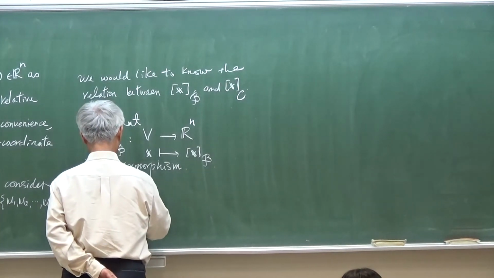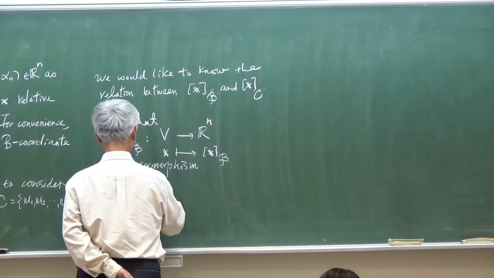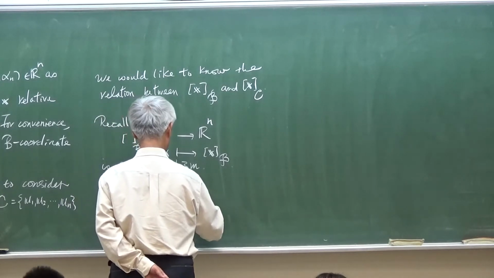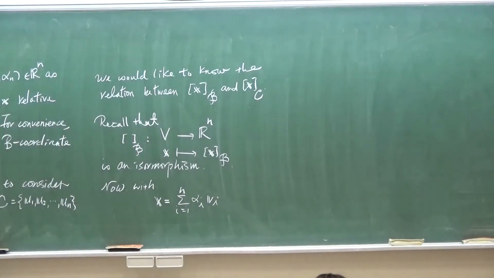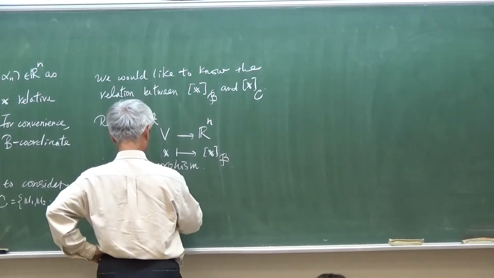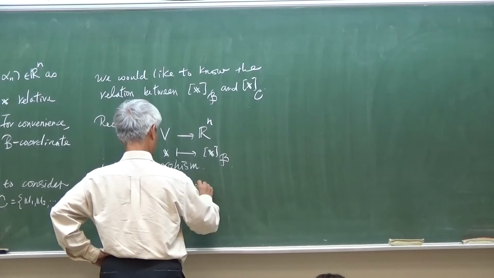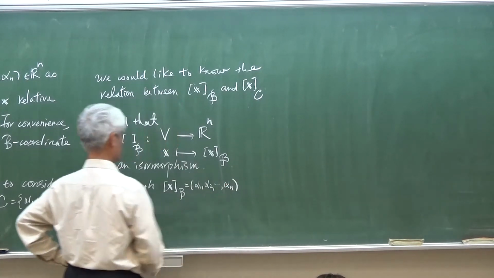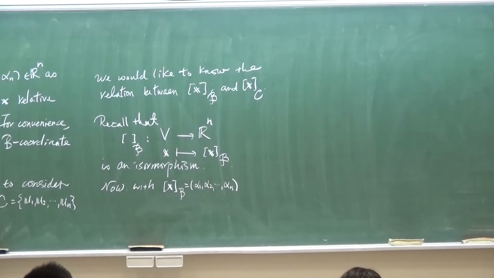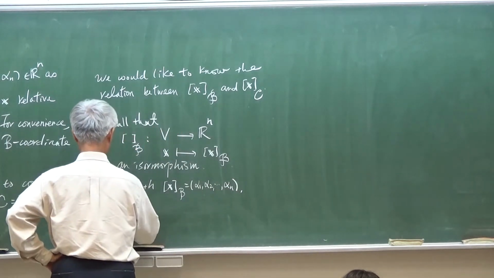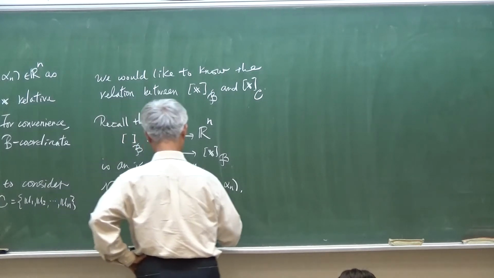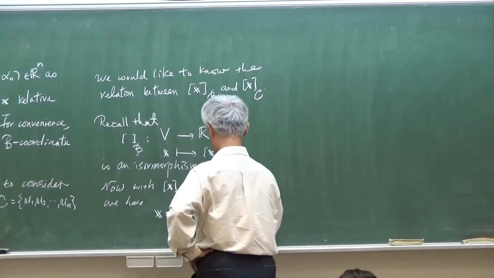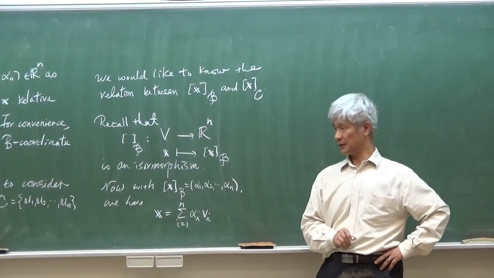Now, with x equal to the summation of alpha i v i, so if we know the B coordinate of the vector x, that means that x can be written as the linear combination of the basis vectors in B, right?